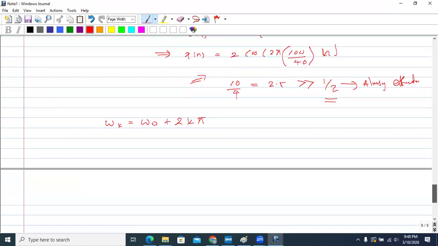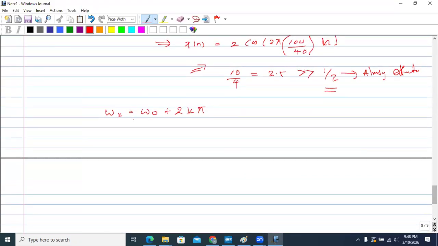If you need to convert this to f, what you need to do? Omega is equal to 25 fk, and omega naught is equal to 5 f naught, and this is 25k. So you can see that 25, 25, 25 cancel. So this is in omega form.